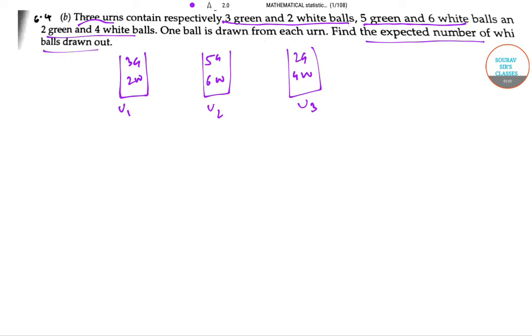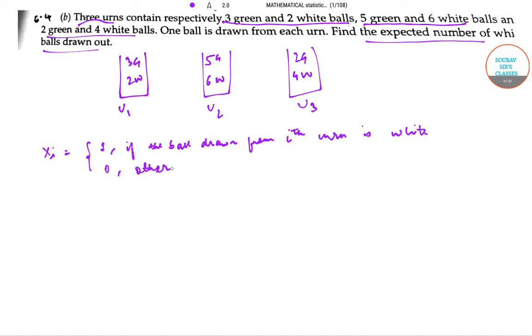So first, let us define xi, x is a random variable, xi to be 1 if the ball drawn from ith urn is white and 0 otherwise.